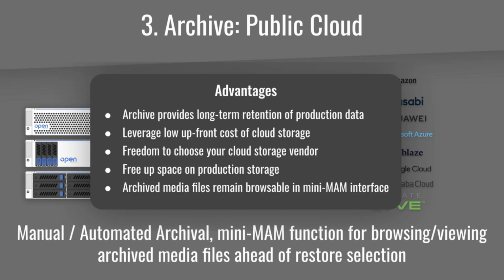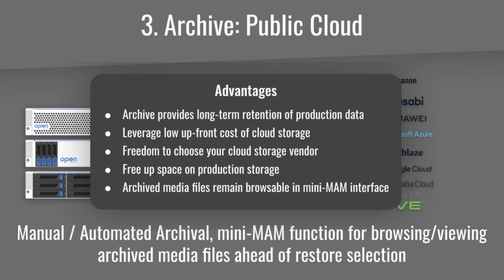So you can start a new project based on some old rushes or whatever you want to do. So the advantages of this solution are that we have long-term retention of production data without leaving it on the expensive production storage. We can leverage the low upfront costs of cloud storage. You can run P5 on your OpenDrive stack, pay a little bit of money to Amazon as you go, or one of those other vendors, and you can start doing archiving straight away, so long as you have some upload bandwidth.